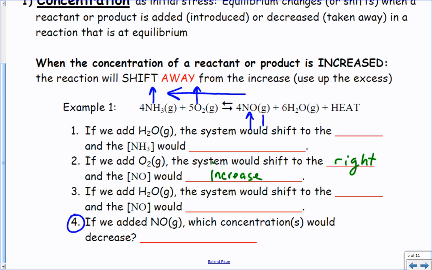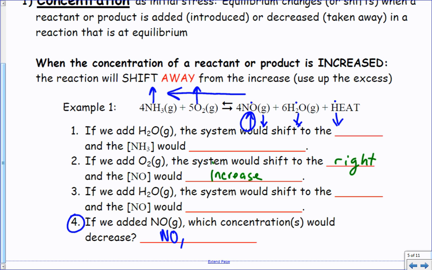Therefore, everything here is going to decrease, even the NO itself. Now, the idea is I add it in a one-time shot, and then the shift goes left, so I start using up all of these. So what concentrations would decrease?